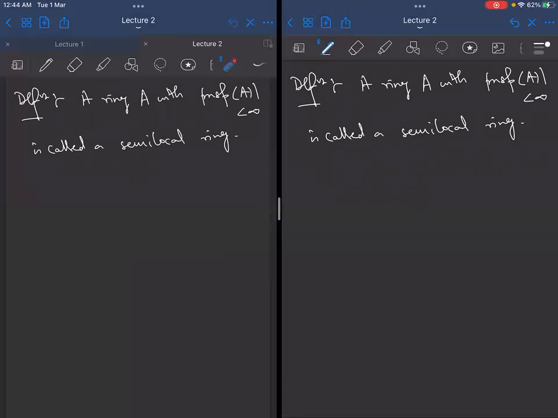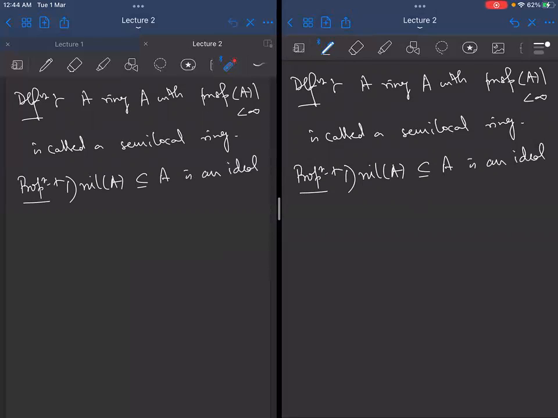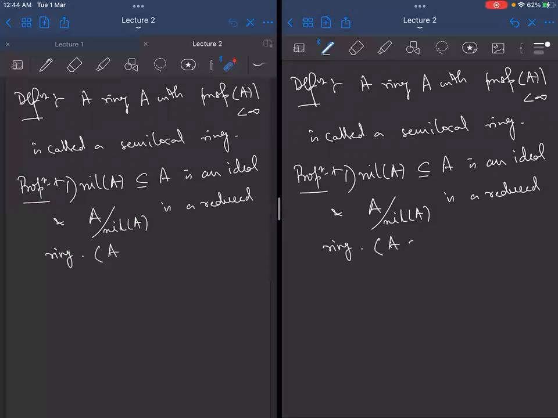Let me start with the nilradical. The proposition is the following. We have discussed that the nilradical is an ideal, and I am mentioning it again, and A mod nil A, if you look at this ring, is a reduced ring. Now, what is a reduced ring?